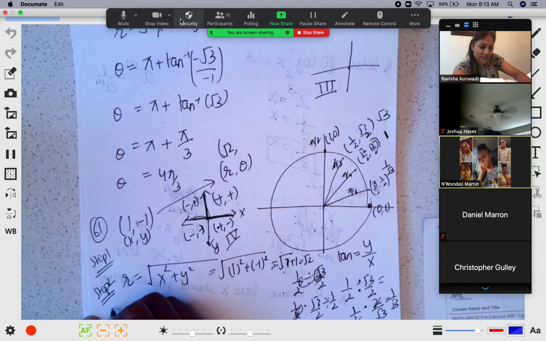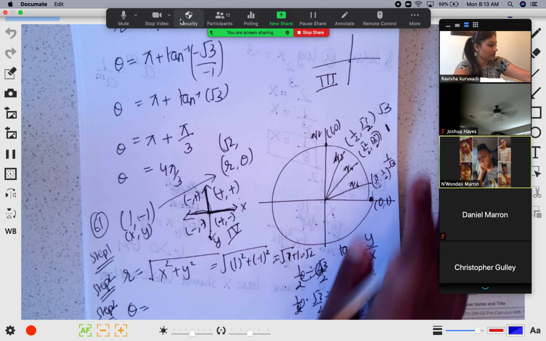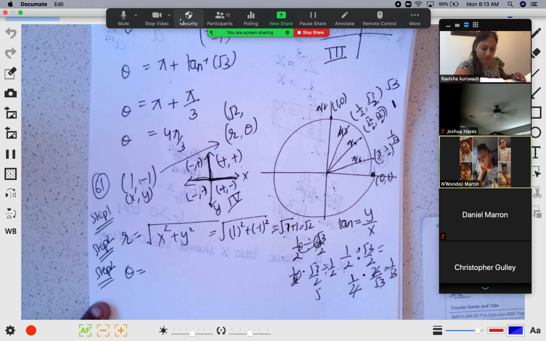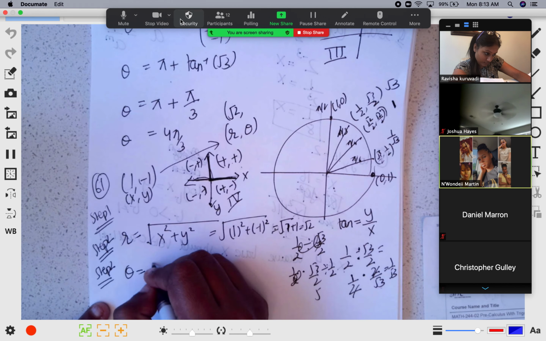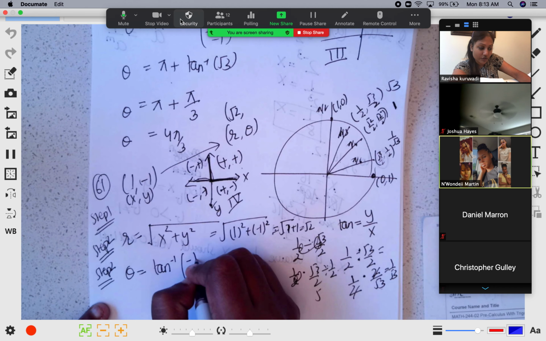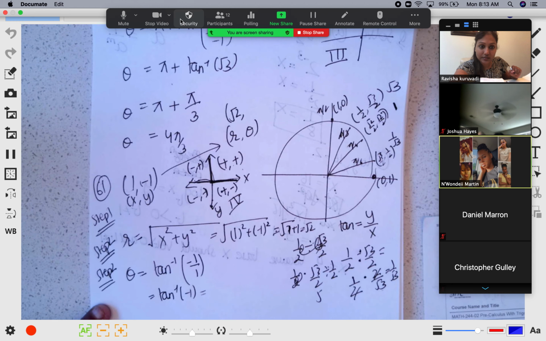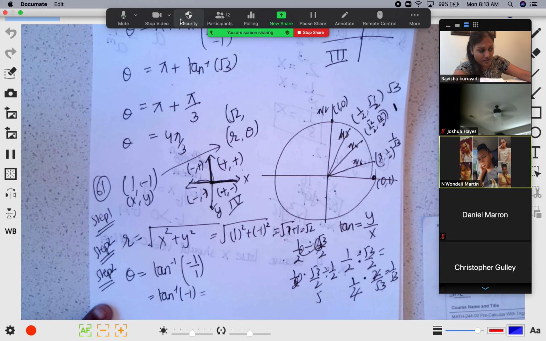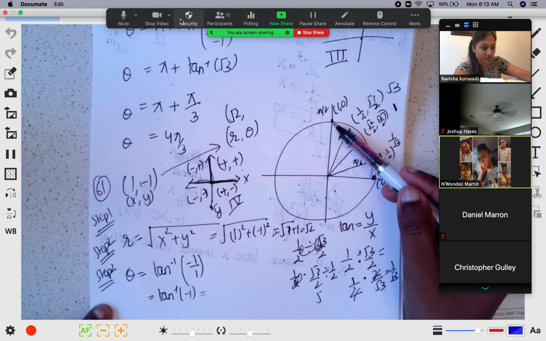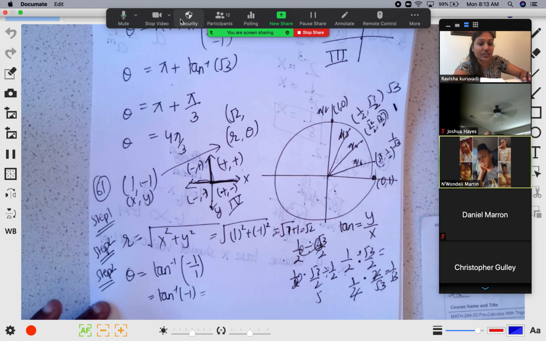Now step 3 is to find theta. Which formula are you going to use since it's in the fourth quadrant? Theta equals tangent inverse of Y over X. So it becomes -1 over 1, which is tangent inverse of -1. Tangent is 1 for which angle? Tangent, not sine.